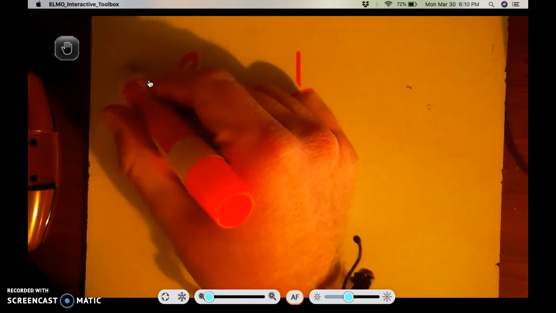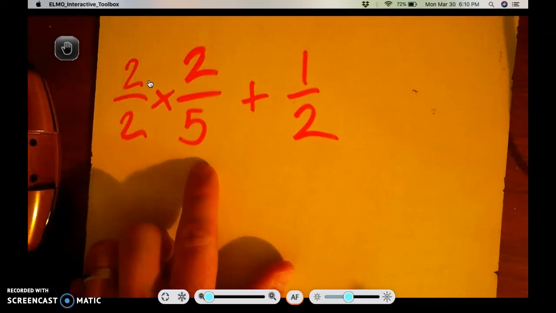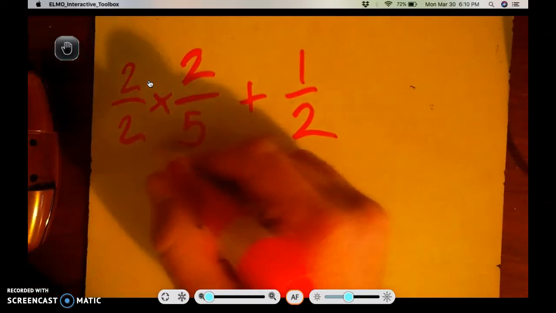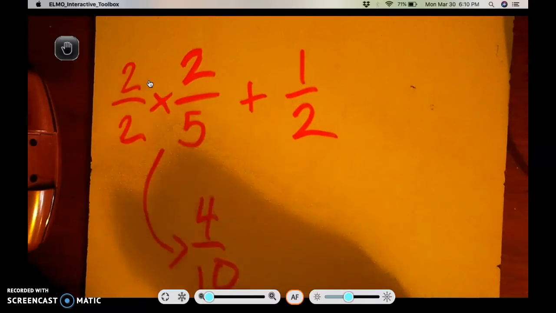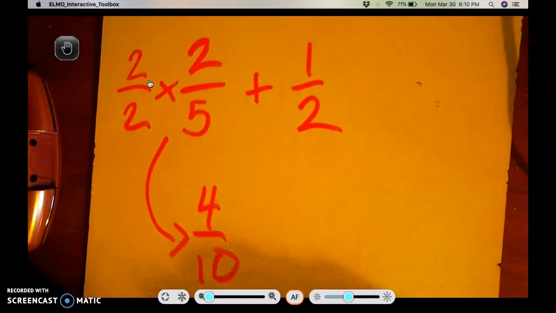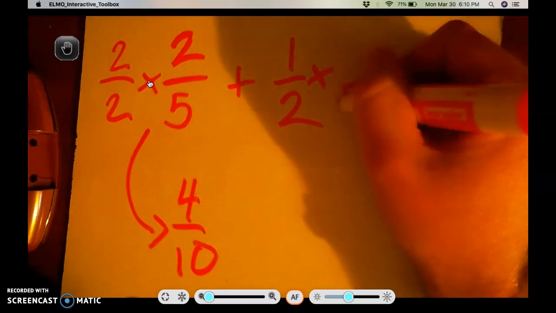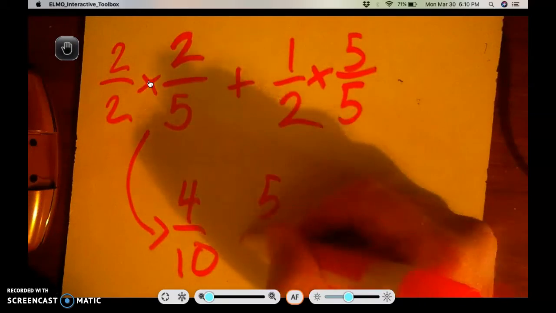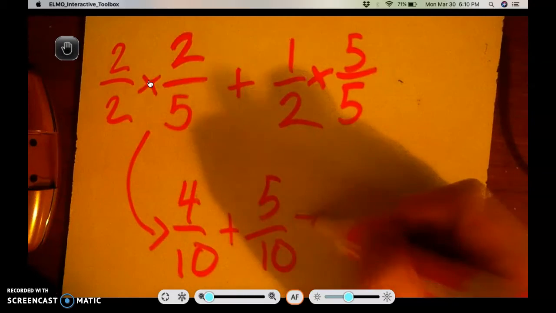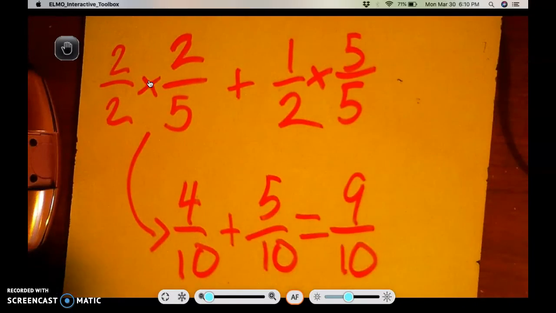So to get to 10, I'm going to multiply this fraction by 2 on the top and the bottom, which is going to give me an answer of 4/10. With this fraction, to get from 2 to 10, I'm going to multiply by 5, both the top and the bottom, to give me 5/10. When we add them together, we get the same answer as that last problem. 9/10 can't go any smaller than that.